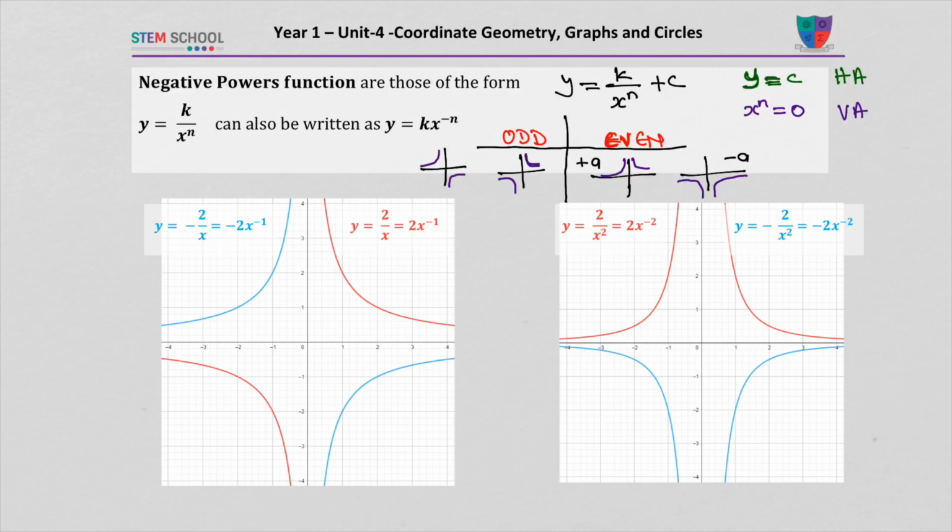A is the number in front here, so a will be positive, and here a is positive, so that's plus a, and this is minus a. So that's what you would get with an even function. To make it clearer, for an even function, you get a curve like that where a is positive, and where a is negative, you get it like that.